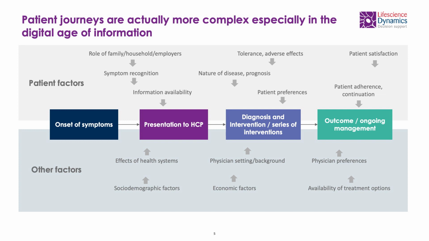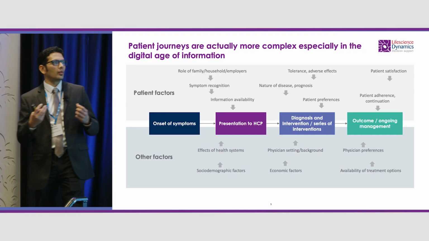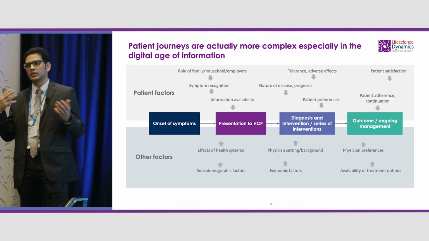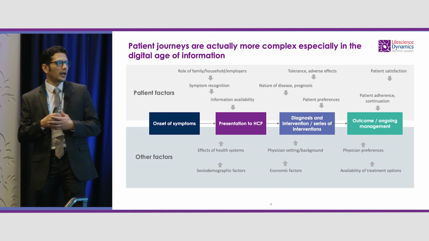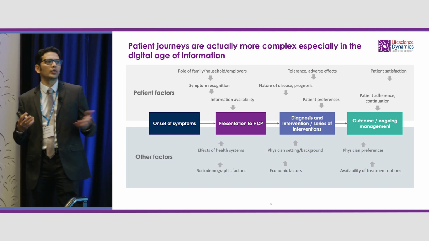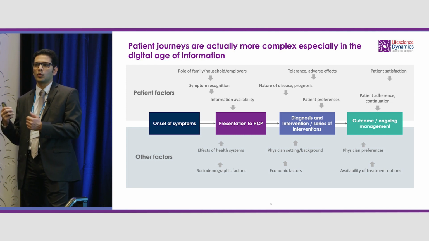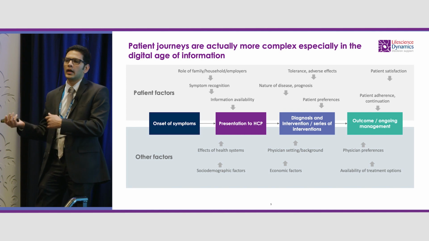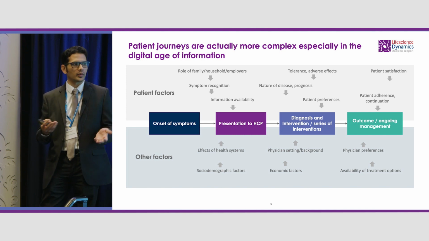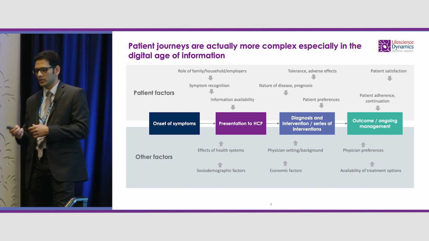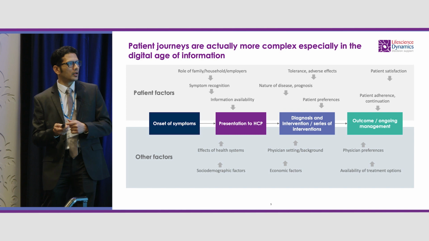A lot of the patient factors revolve around their own disease state, how they perceive it, what their preferences are, what their family background is, what their support system is like, etc. And then there are several other factors, which relate to whether they have access, how much money they have access to, what kind of insurance plans they are on. And then, of course, there's the physician aspect of things, which also influences this patient journey.